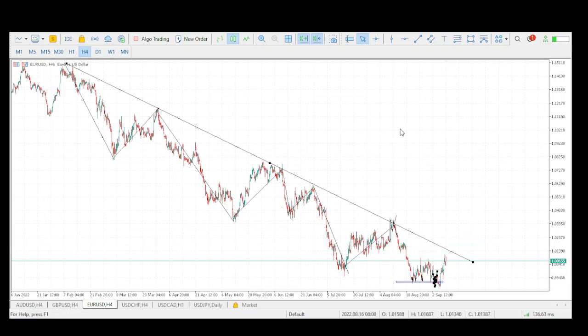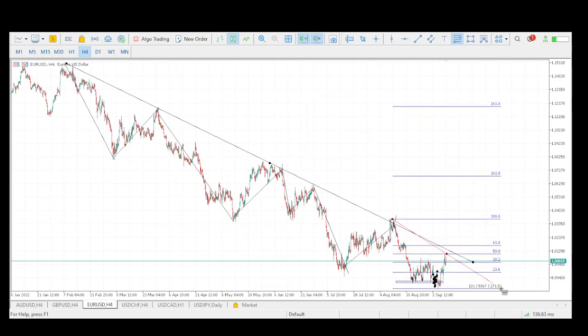Now let's take our Fibonacci so that we can know where we are expecting the price to start coming down. If I draw from here, extend like this to this recent low here, you see that our 61.8 is around this zone, which means the price is already going towards our 61.8.